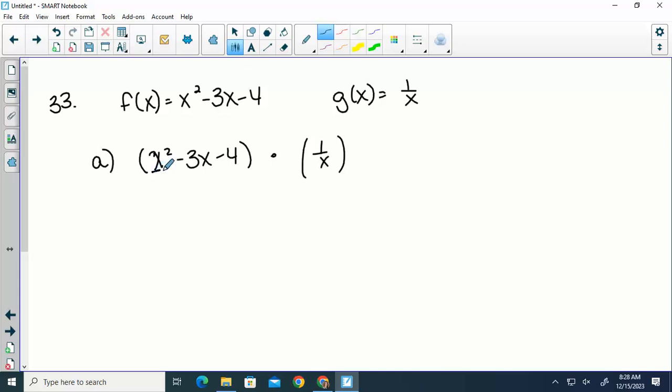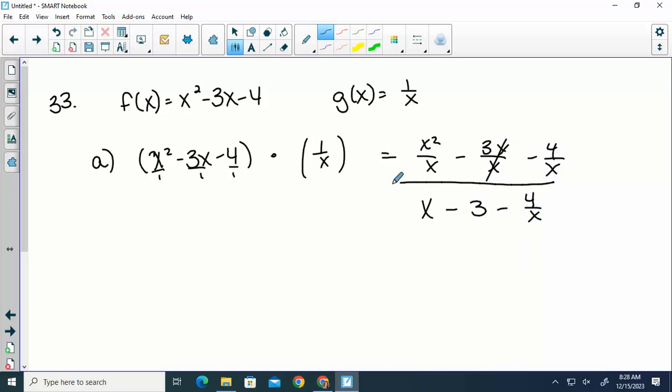Okay, keep in mind, each of these are just over 1. So if you just distributed, you would get x squared over x minus 3x over x minus 4 over x. And then you can reduce. X squared divided by x is x. This one that would just give us a 3 minus 4 over x. And that's as far as we can go.